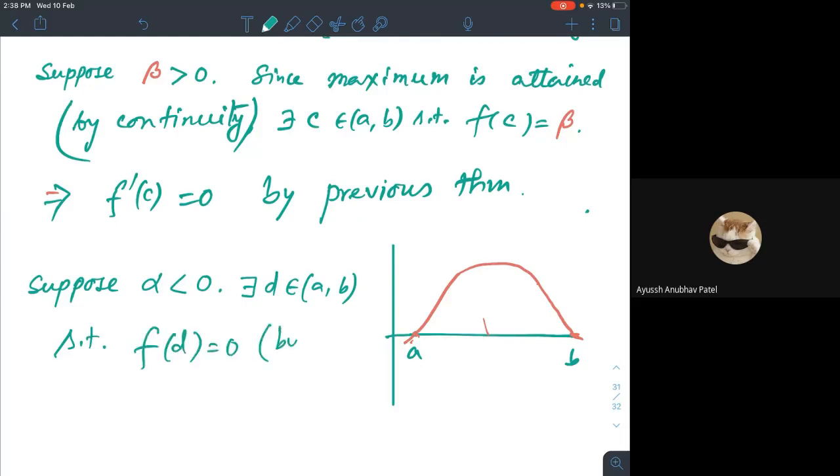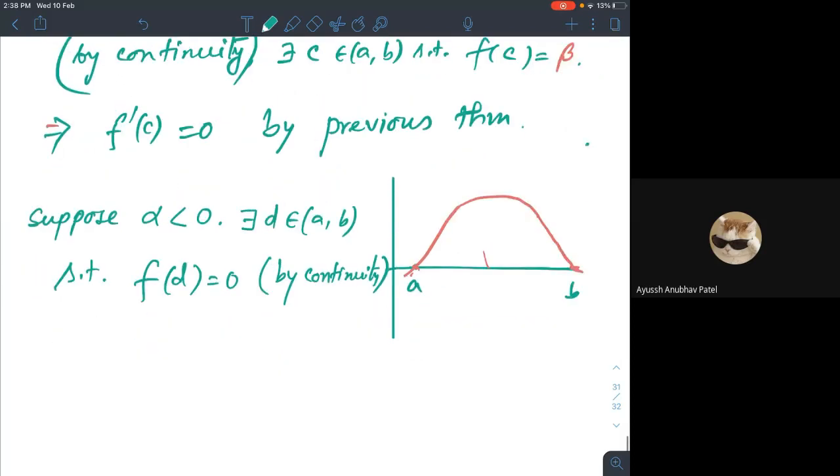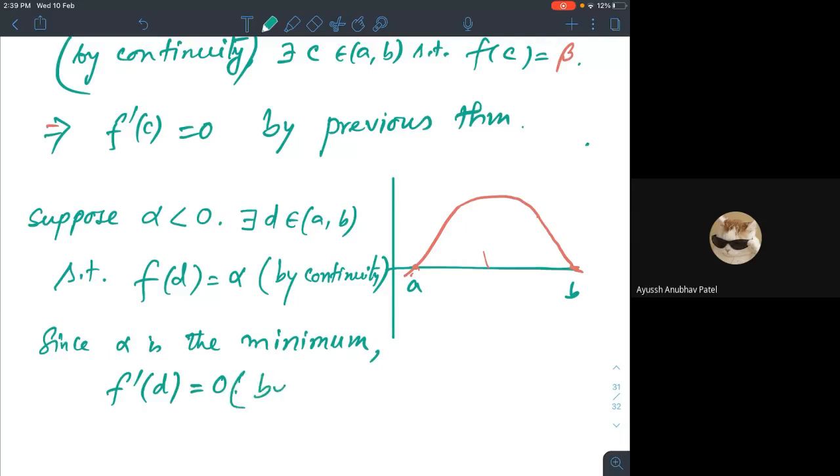This is by continuity. Hence f of d equals alpha, since alpha is the minimum. F prime d has to be 0 by the previous theorem.